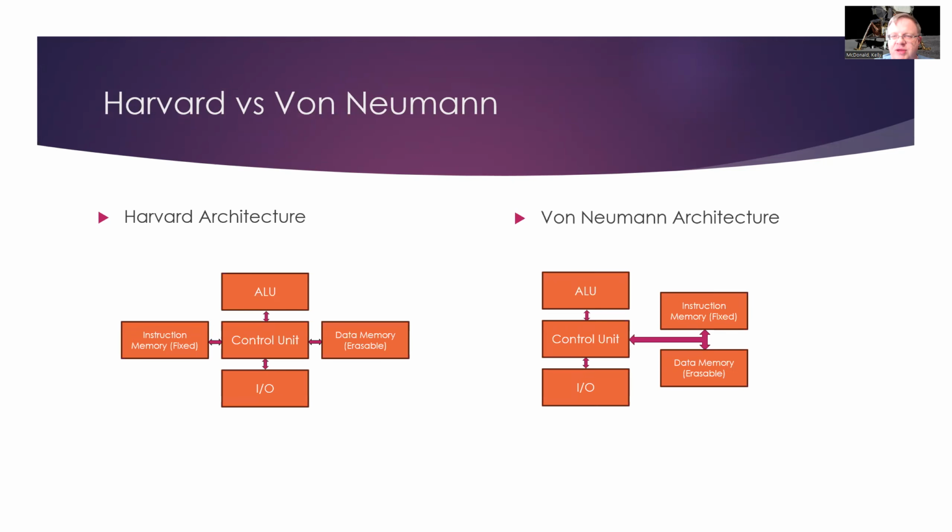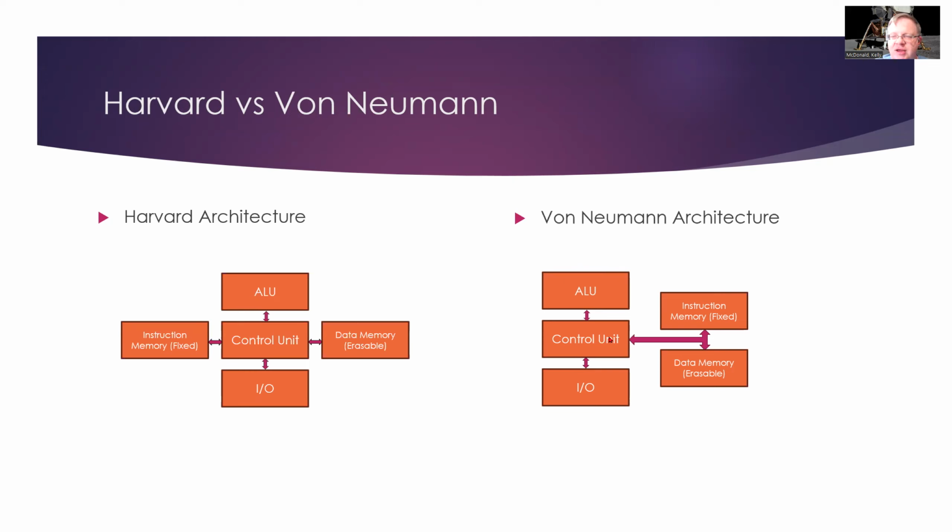Before we wrap up today, I'll talk about the difference between Harvard architecture versus von Neumann. Most computers that we typically use, like our desktop computers, not 100%, but generally follow a von Neumann architecture.